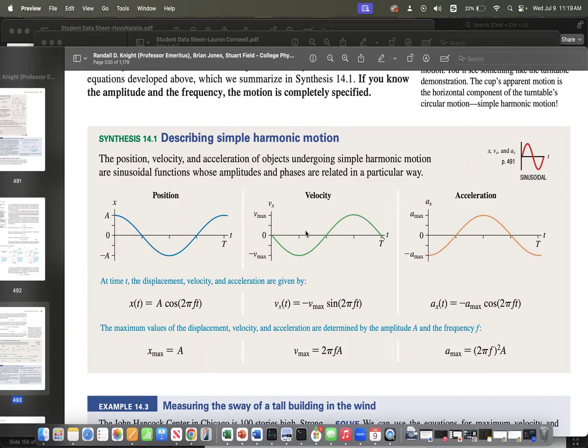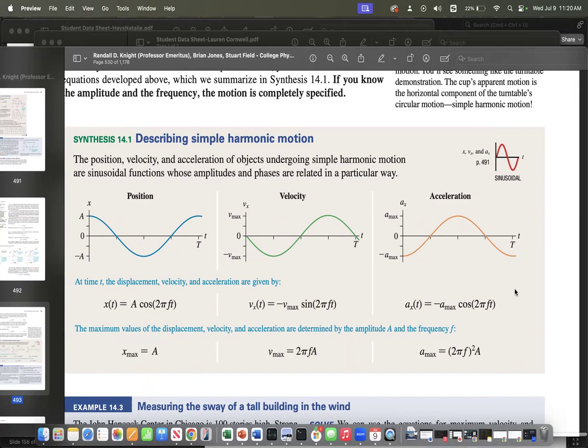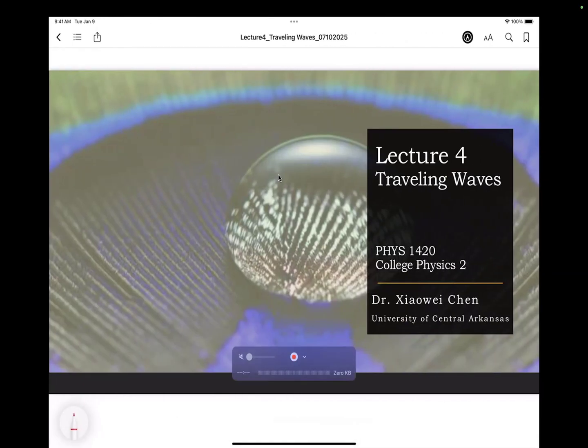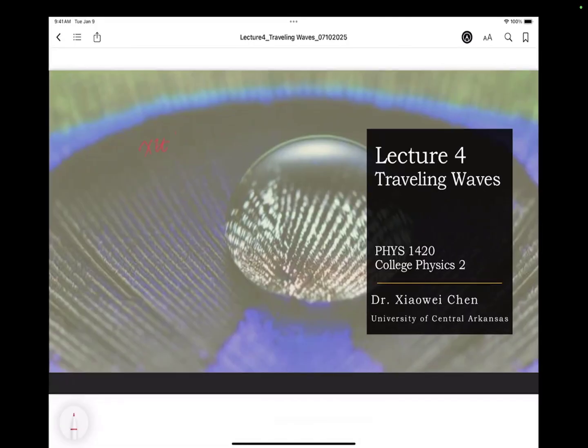Let me try to write it down. x(t) equals A cosine 2 pi f t. Am I right?